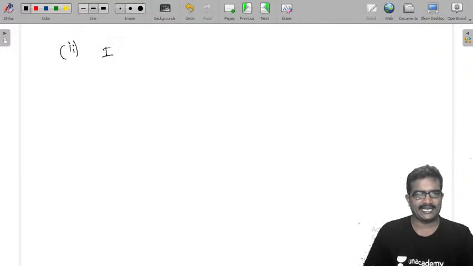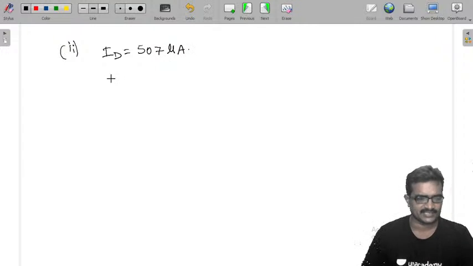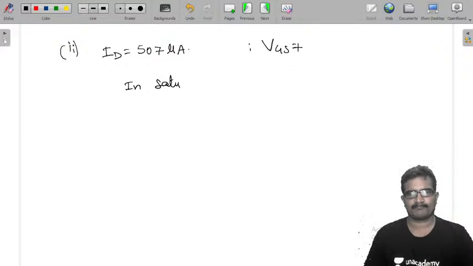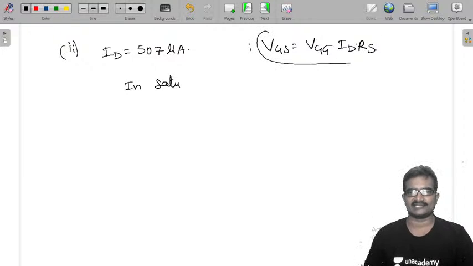Here the ID value we are getting is the same, 507 microamperes. In our case VGS is voltage at gate VGG minus VS, which is ID into RS. Here we have RS, so first I get the VGS value.